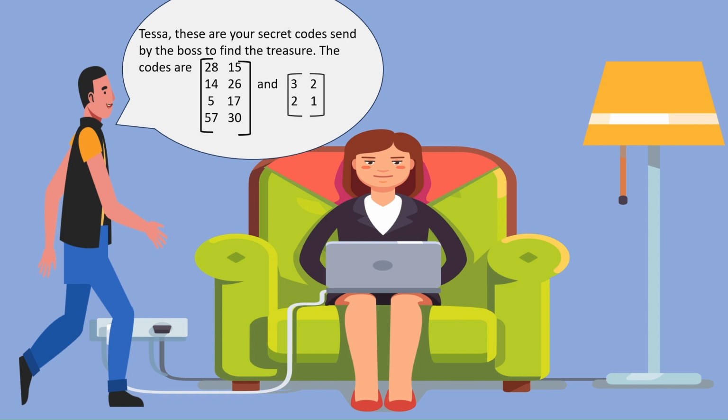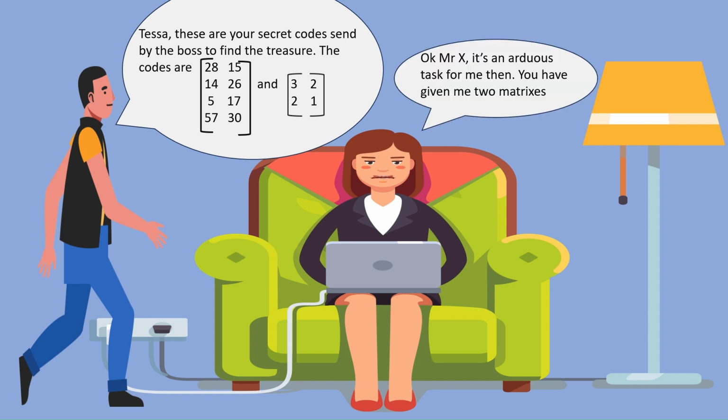Tessa, these are your secret codes sent by the boss to find the treasure. The codes are 28, 15, 40, 26, 5, 17, 57, 30, and 3, 2, 2, 1.